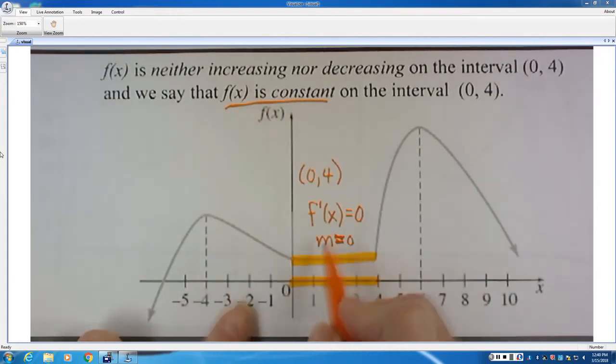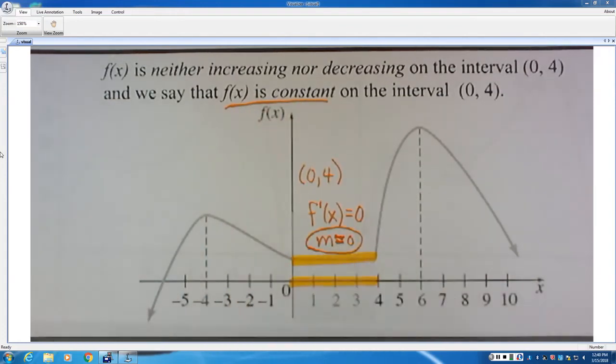It means the same thing as the slope of the function is 0. It doesn't change. It's not increasing, not going up, not decreasing, not going down. And the only thing it can be if it's not going up or going down is staying the same. That gives us a slope of 0 for the line. Okay?